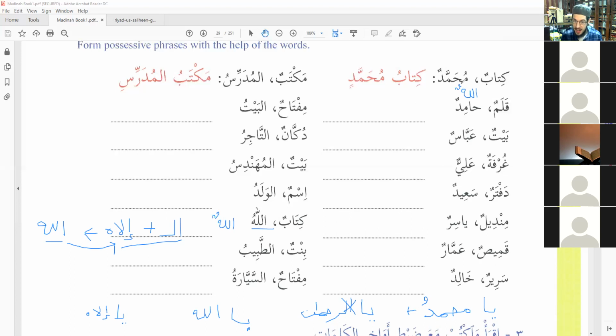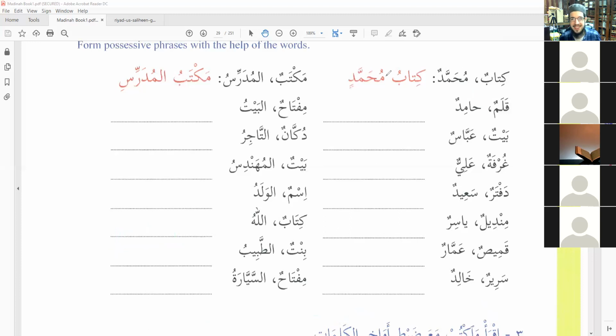So the lack of tanween would seem to indicate that it's derived from al-ilah, whereas how it behaves when we put ya before it seems to indicate that it would be a proper noun, and this is exactly why they differed about it. Excellent.